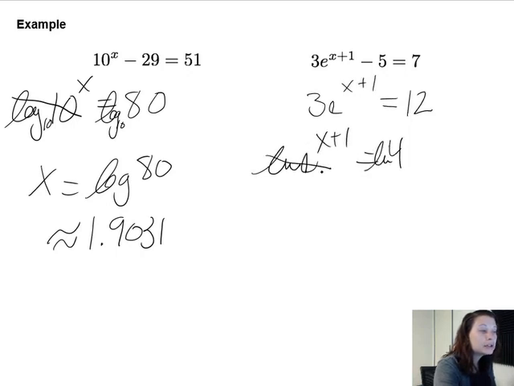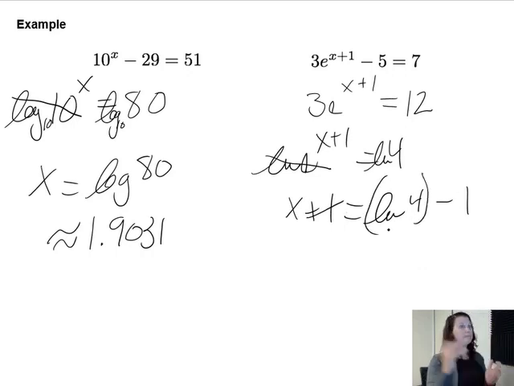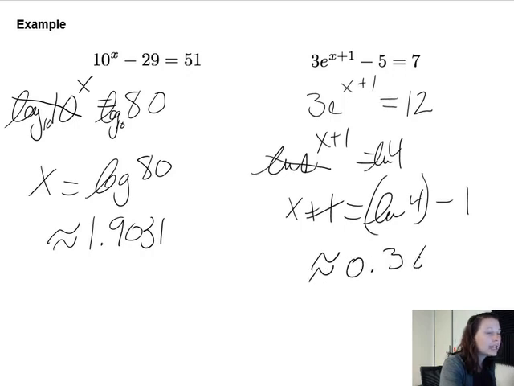These cancel, and we're left with x plus 1 is equal to natural log of 4, and then we can subtract the 1 over. Make sure this is ln of 4 minus 1. Don't subtract and make that ln of 3. We cannot reach that inside portion of the ln. So this is approximately equal to 0.3863, using a calculator again.